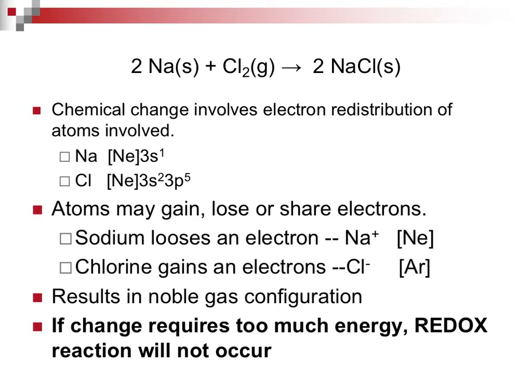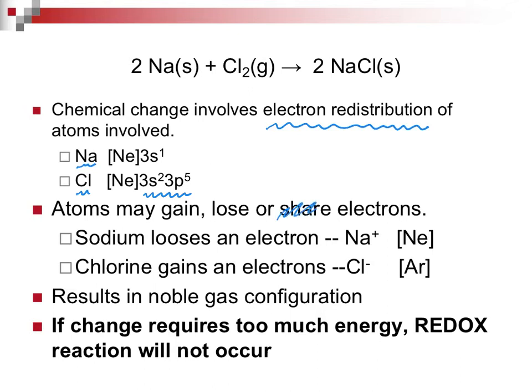So if I really dig deep down, chemical change involves an electron redistribution. When I look at the periodic table, sodium has a neon core and a 3s1 valence shell. Chlorine has a neon core and a 3s2, 3p5 valence shell. Atoms can either gain, lose, or share electrons.